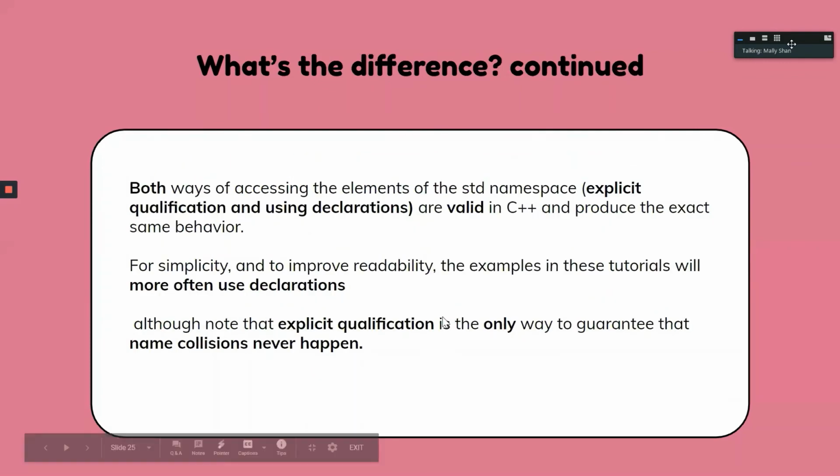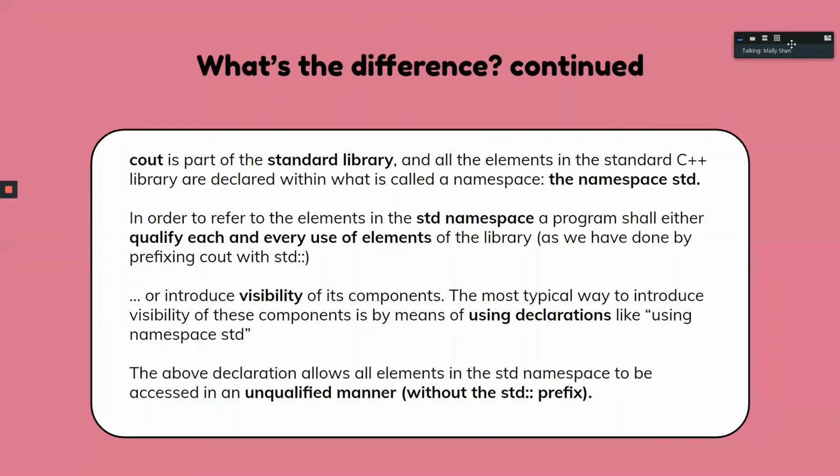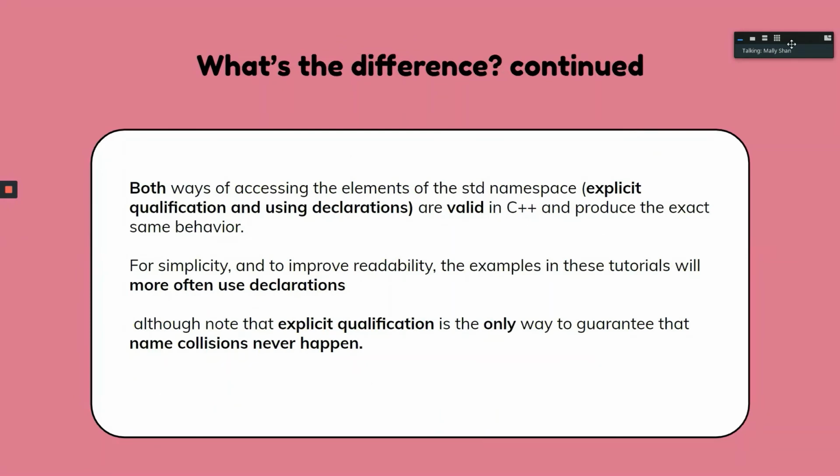So for simplicity we would be using declarations, but the reason why they might have used std::cout instead of this newer form that we showcased here is because explicit qualification is the only way to guarantee that name collisions never happen. Name collisions basically refer to the same name referring to different statements or functions, and that creates confusion for the computer.